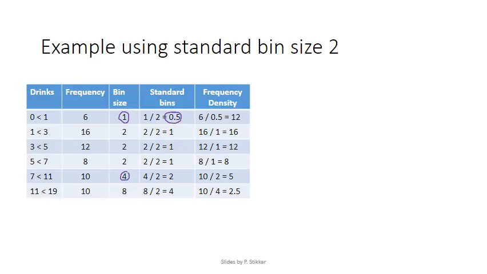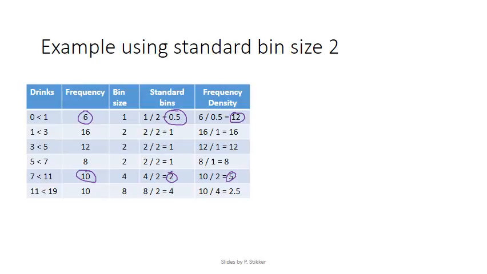A bin size of 4 means that you have 2 times the standard bin size, and 8 in this case means that you have 4 times the standard bin size. The frequency density is now calculated by taking the absolute frequency and dividing this by the number of standard bins it is. So we get 6 divided by a half, not divided by 2, to get 12. And for example, 10 divided by 2 equals 5.